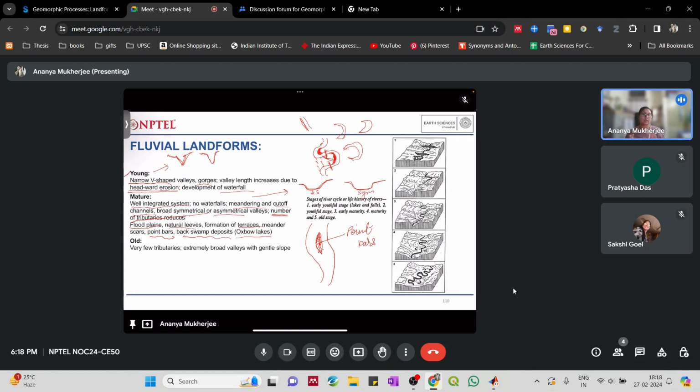What happens at the older stage now: since the number of tributaries is already reducing at the mature stage, at the old stage the tributaries are far fewer in number.